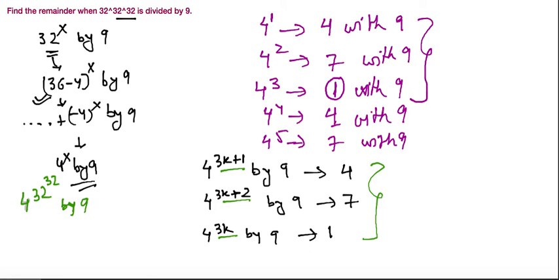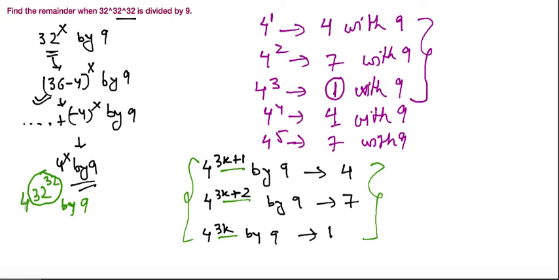Now, given this generalization, if I can express this 32 to the power 32 in one of these three forms, categories, like 3k plus 1 or 3k plus 2 or 3k, then we will be done, right? Then we know how to go about it. So let's try and express 32 to the power 32 in one of these forms.